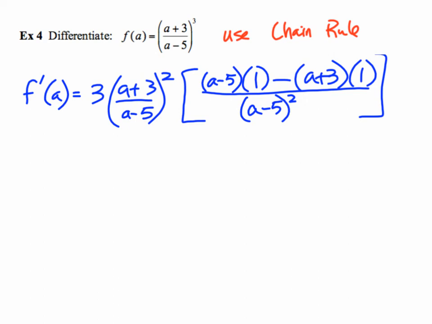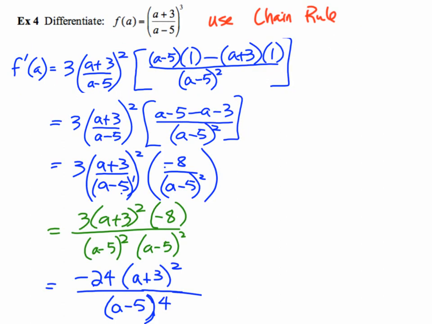The rest of my work I'm just going to simplify. Simplify what's in the square brackets. So a minus 5 minus a minus 3, because I need to distribute in the negative. The a's cancel to give me -8 in the numerator.